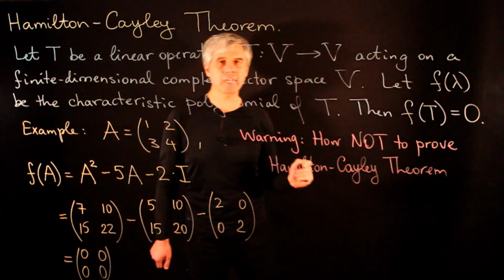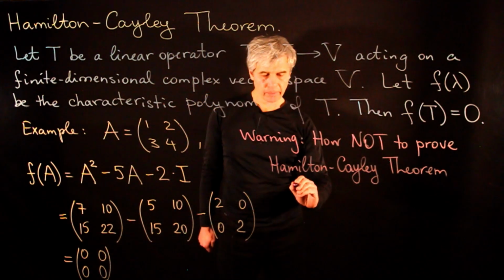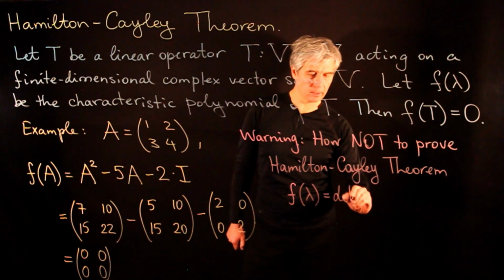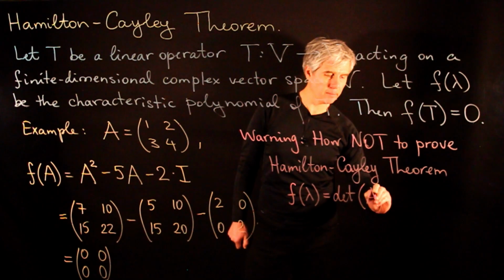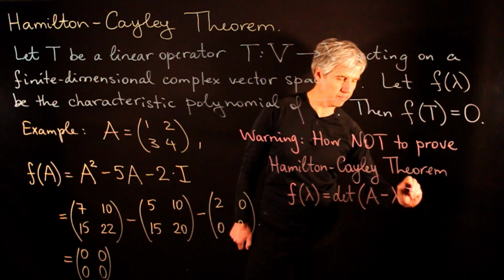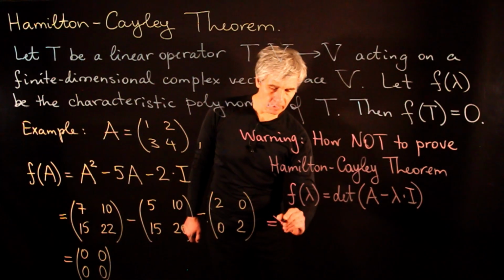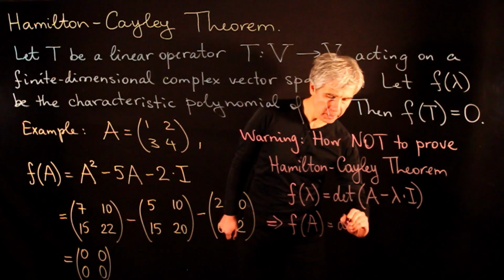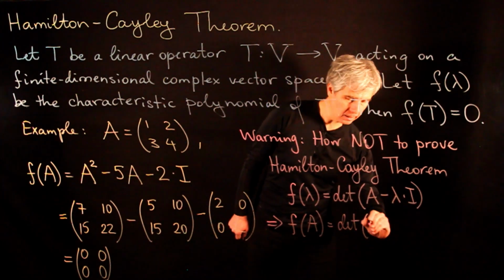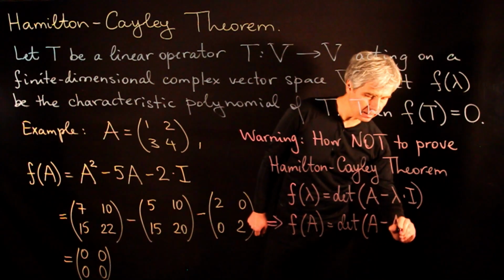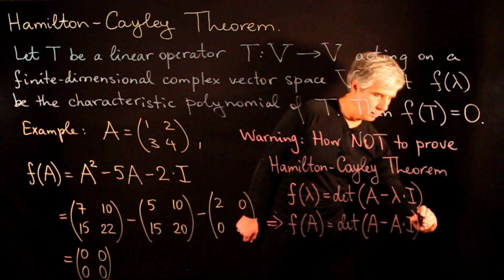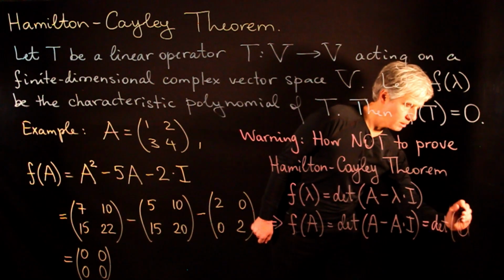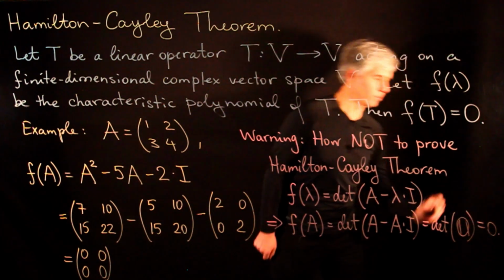So let us show a fake proof of this theorem. f of lambda is the determinant of A minus lambda I. Then f of A is the determinant of A minus A times I. And this is the determinant of a zero matrix, which is equal to 0.